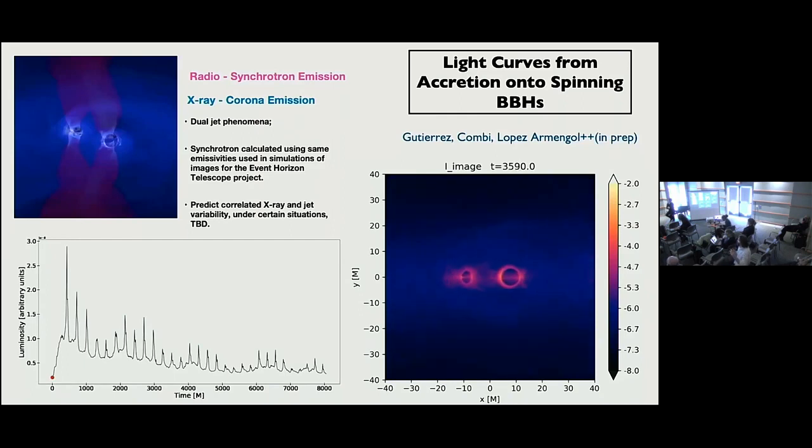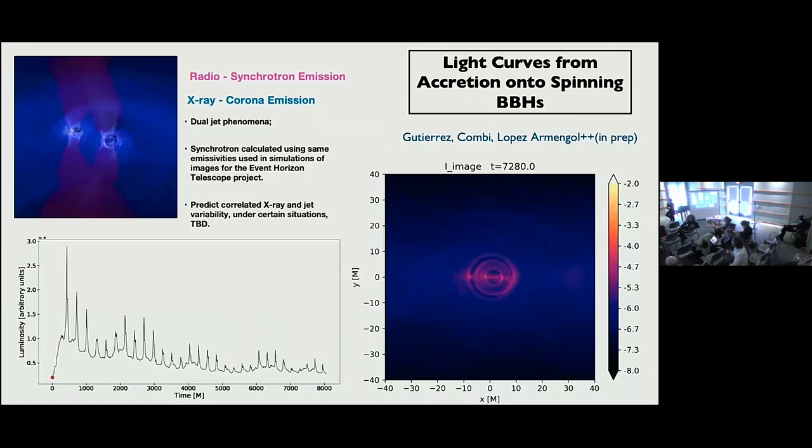And then, because this is in GR, you can get these lensing flares that enhance the intensity of the accretion flow of the black hole in back of the foreground one as it passes by. And so you get these lensing flares that remind us of the spiky source that Dan and others have been looking at.